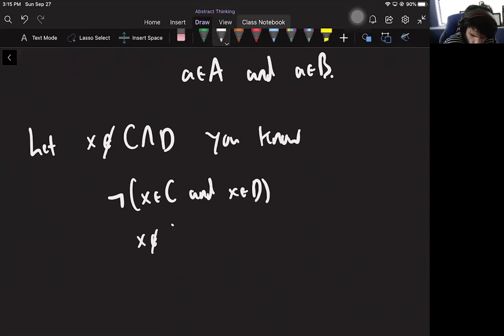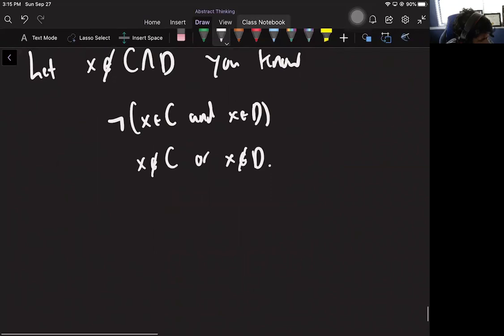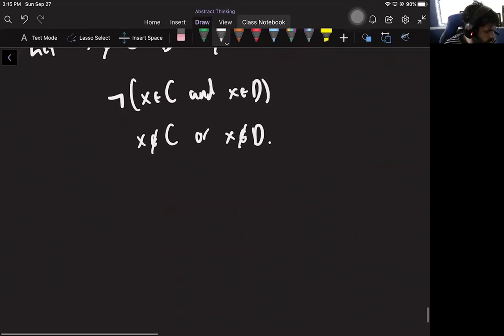This is De Morgan's law, and you change it into or. So when you say that something is not in the intersection, what you're saying is it's either not in C or it's not in D. Okay. So just something to think about.